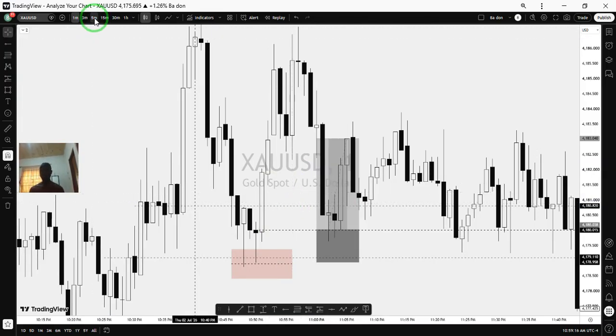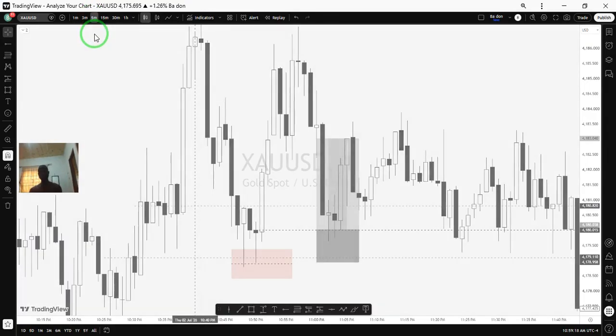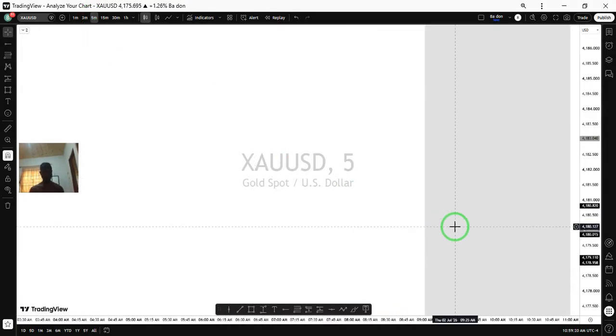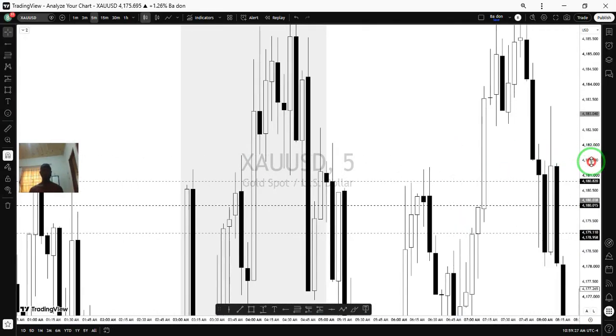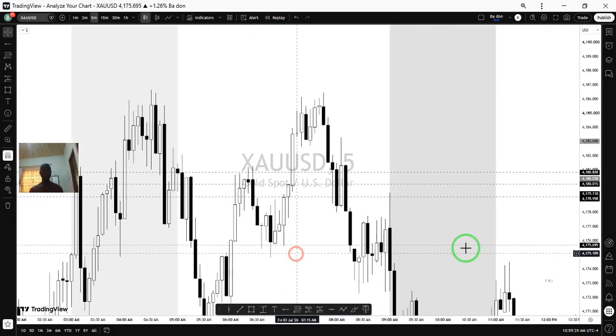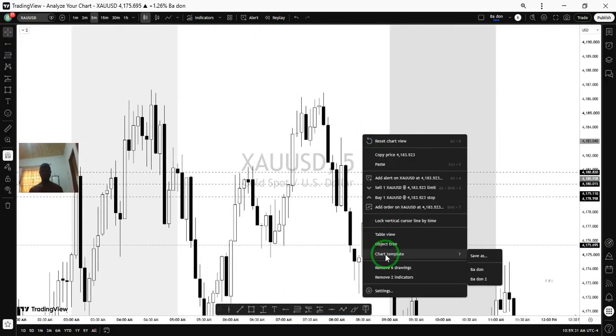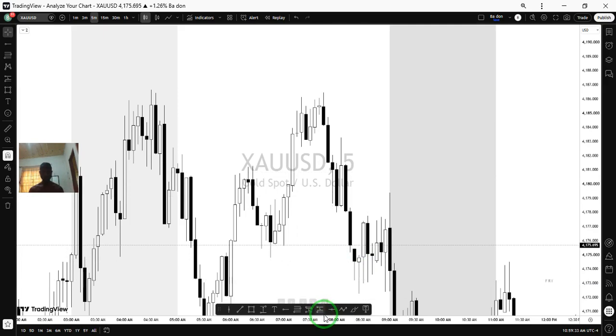Let's go and look for a bearish example. Yeah, we got one here. I don't want to waste your time. This is a bearish example.